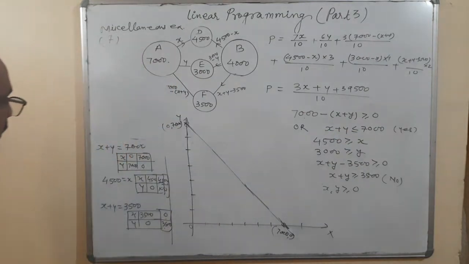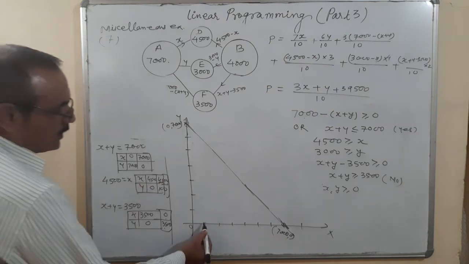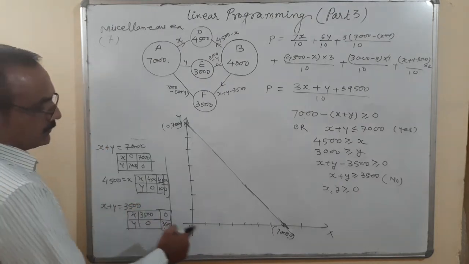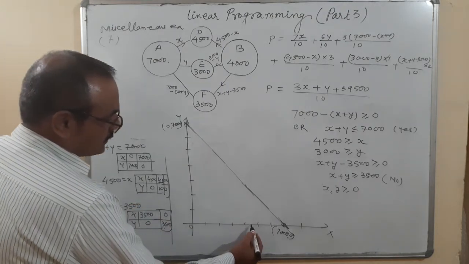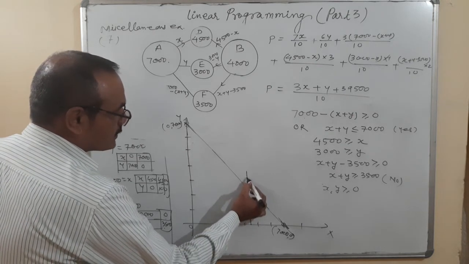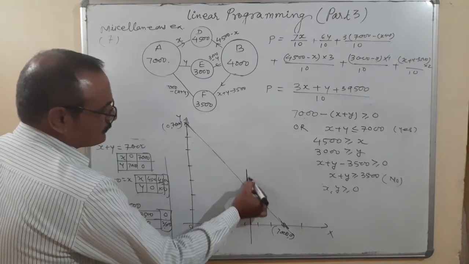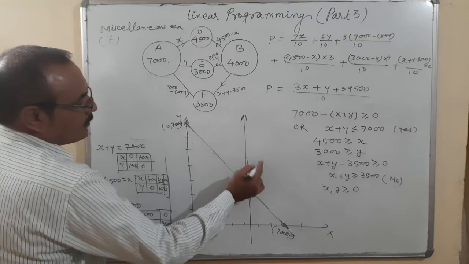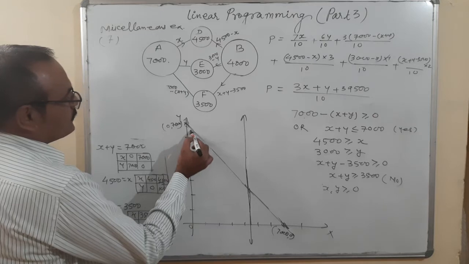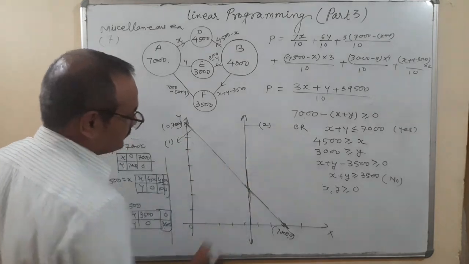This side. Second, x is 4500. 1, 2, 3, 4, 4500, and y is 0. So that is 1. So I think the line will be like that. X is equal to something, the line which is parallel to the y axis. This could be the line. Okay. This is first. That one is second.